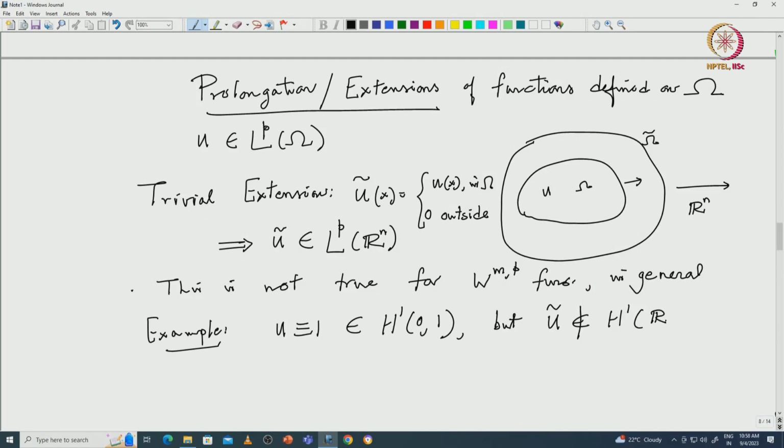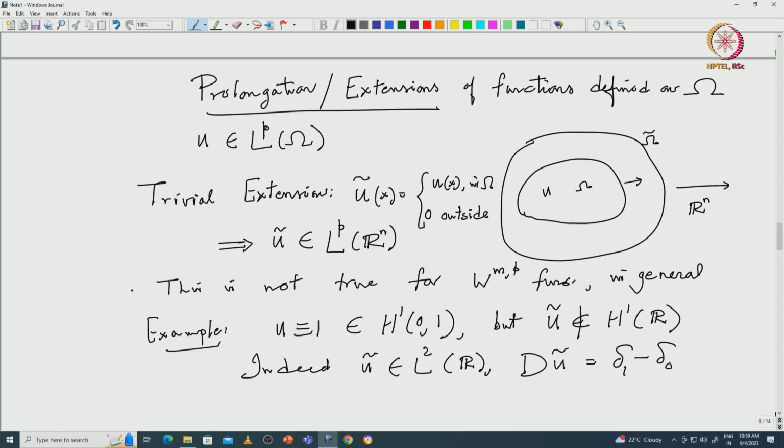The thing is that u tilde is indeed in L^p of R, L2 of R, we are working with L2. But you want to see also its distributional derivative: u tilde prime will be delta 1 minus delta 0.